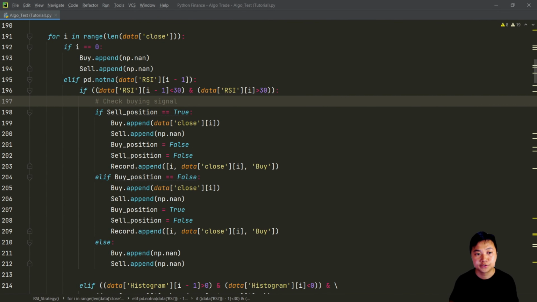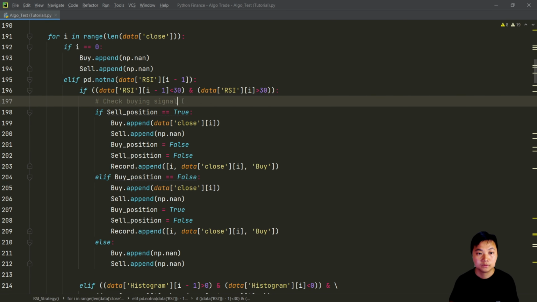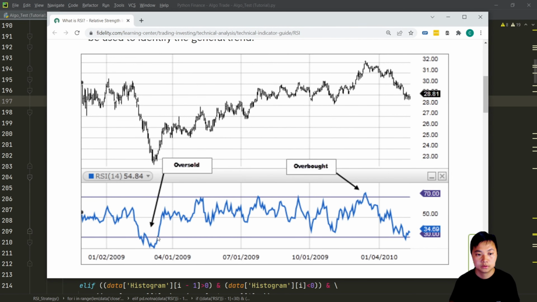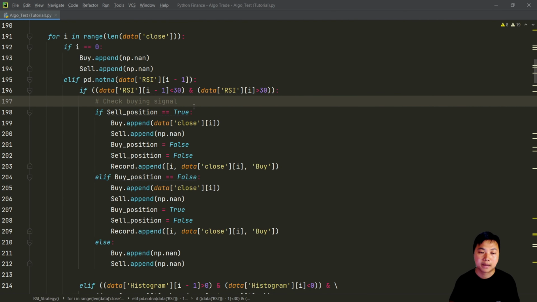We want to check whether the RSI value in the previous step, in the previous minute, is less than 30, and at the same time, the current time frame has an RSI value that is larger than 30. Then it will give us a buying signal, just like here. So the value is changing from below 30 to higher than 30. We check this logic, and in that case, this is a buying signal.